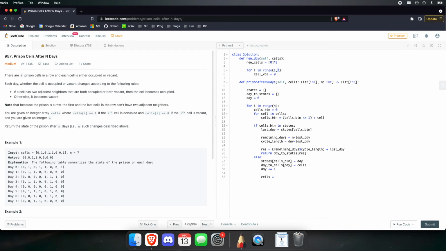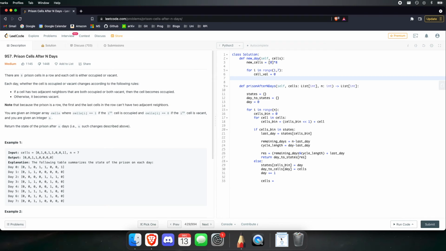I should explain the reason we're doing 1 to 7 instead of 0 to 8 is because no matter what value it is initially, if it's a 0 or 1, on the second day, the first and last cell is going to be turned to a 0, since it doesn't have two adjacent neighbors, it will be forced to be a 0.